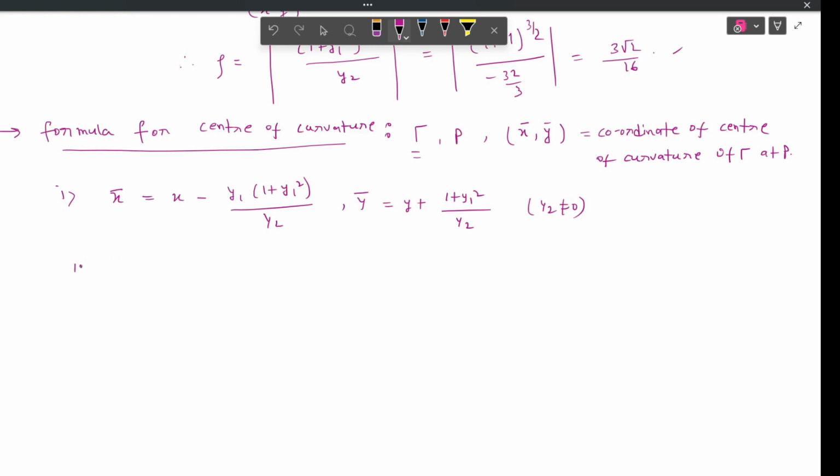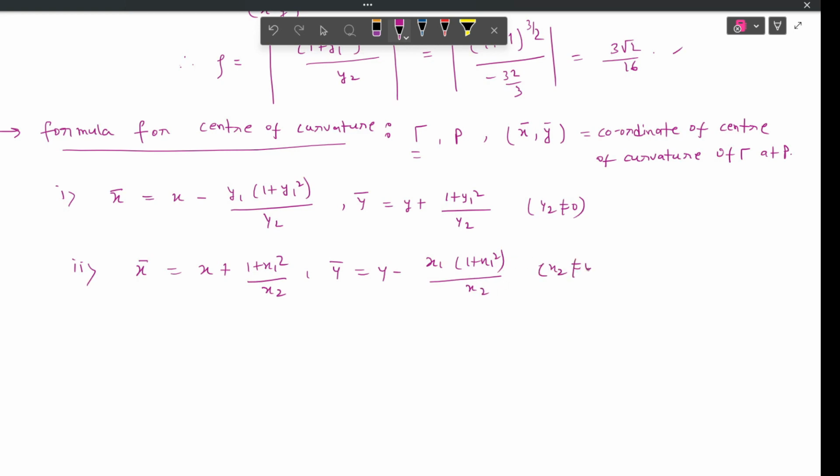And you can write this x bar and y bar as: x bar is x plus (1 plus x1 square) by x2, and y bar is y minus x1 into (1 plus x1 square) by x2.